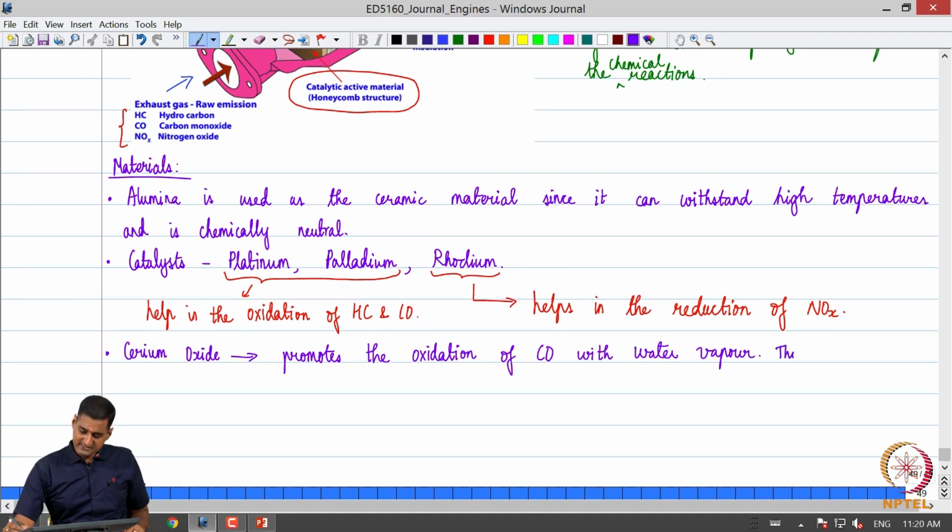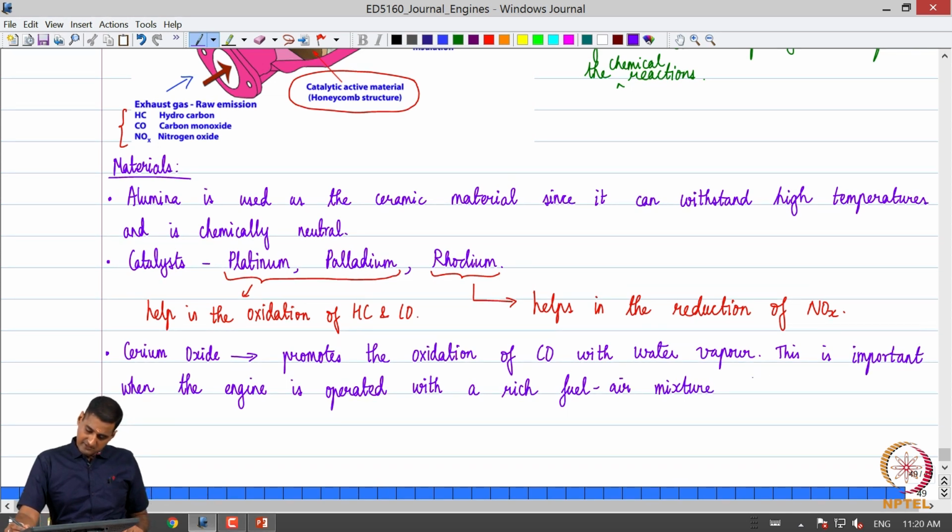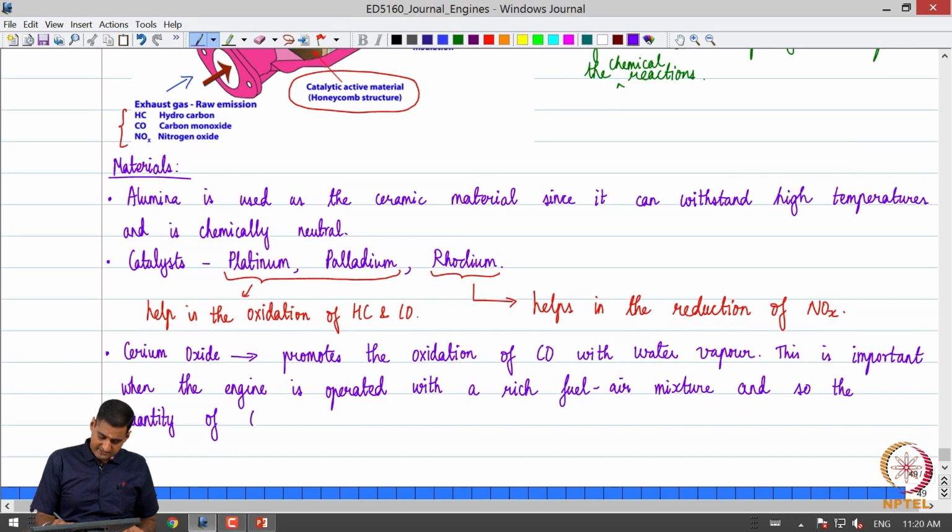This is important when the engine is operated with a rich fuel air mixture, and so the supply or quantity of oxygen in the exhaust may be limited.